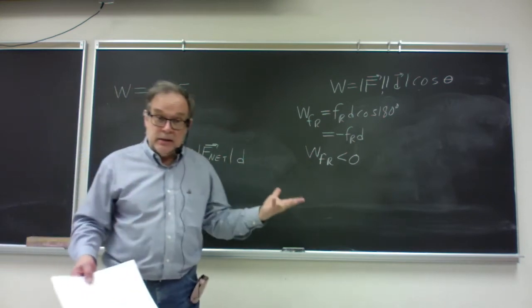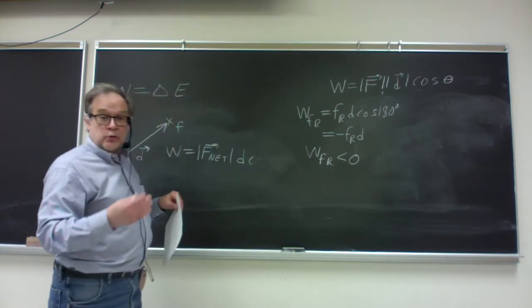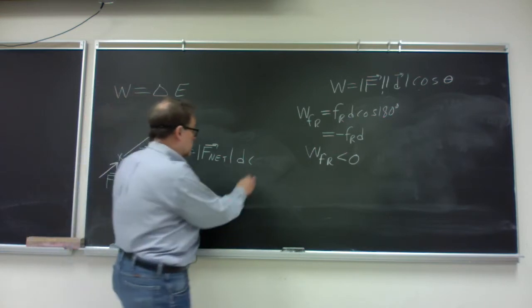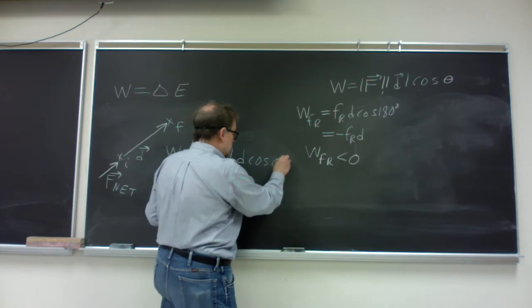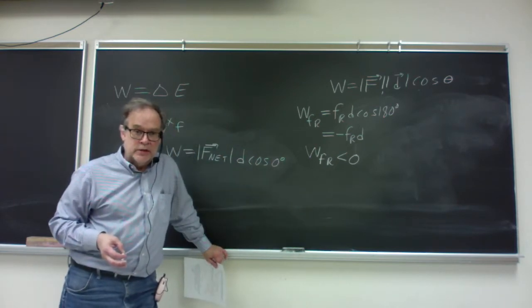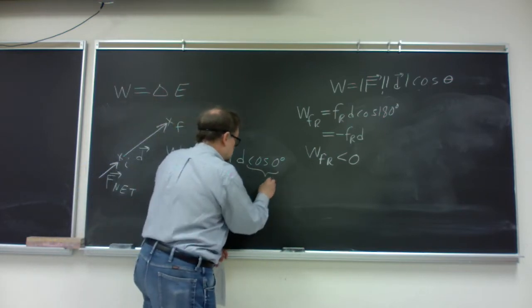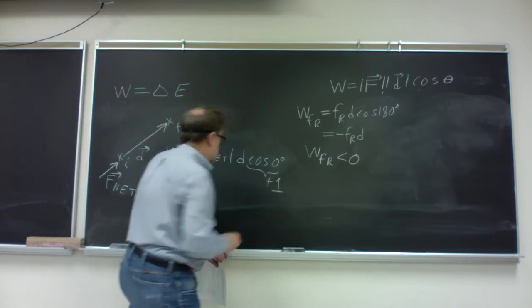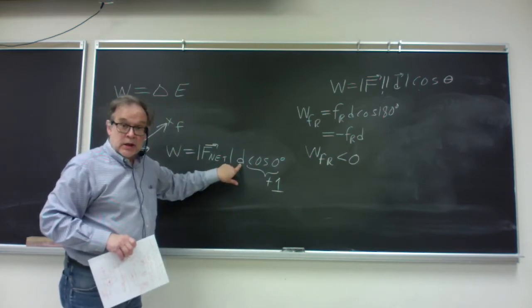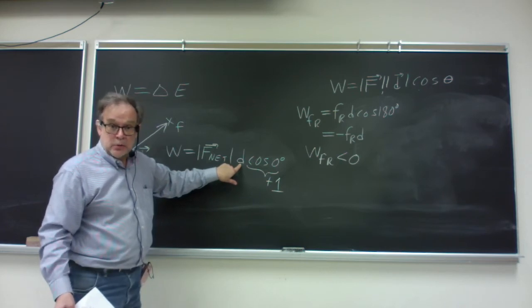They're both in exactly the same direction. So the angle between force direction and displacement direction is 0 degrees. So we've got cosine of 0 degrees. Trigonometry tells us that the cosine of 0 degrees is +1. So that's just a distance, which is, by definition of distance, a positive number.